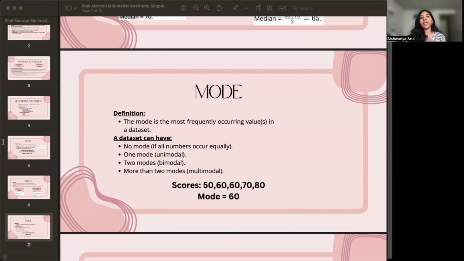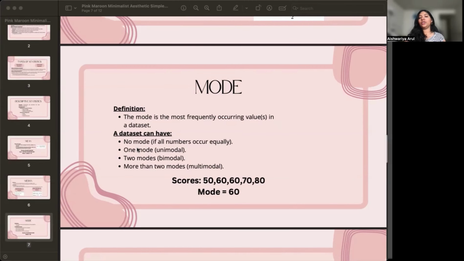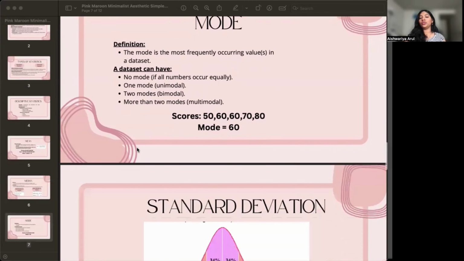For example, if the mode of the shoe size is 6, the store will stock more of that size because that is the most frequently bought size. Okay, so that is basically the mode. In a data set, there can be no mode, there can be one mode, and there can be many modes, like having more than two modes.